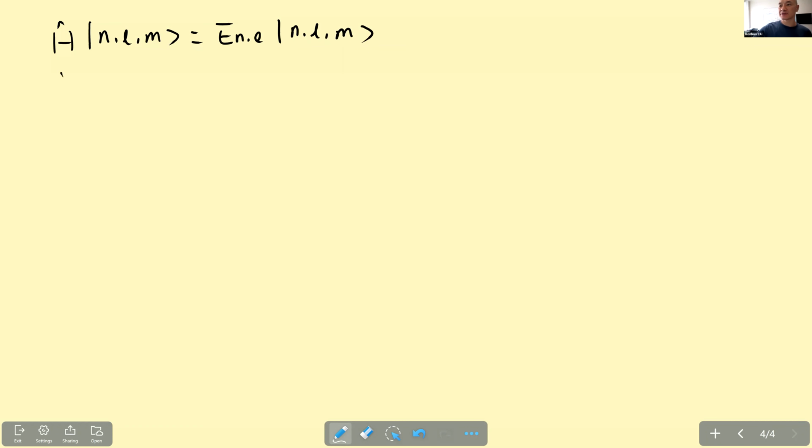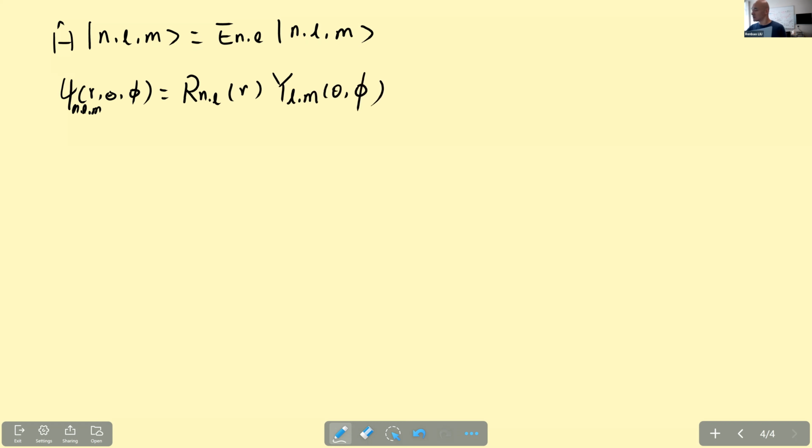And this wave function, of course, right? Okay. And then the question is, right? So that is what we wish to obtain, okay?